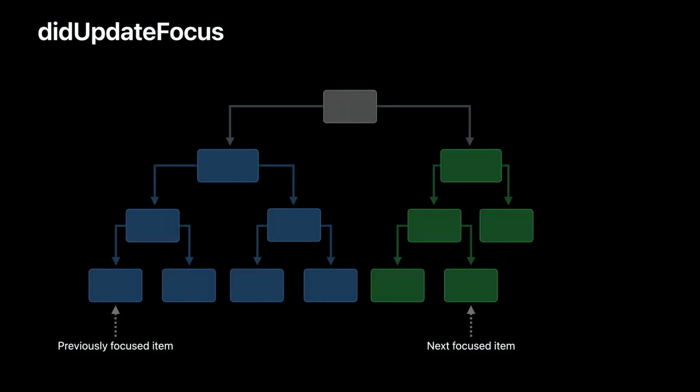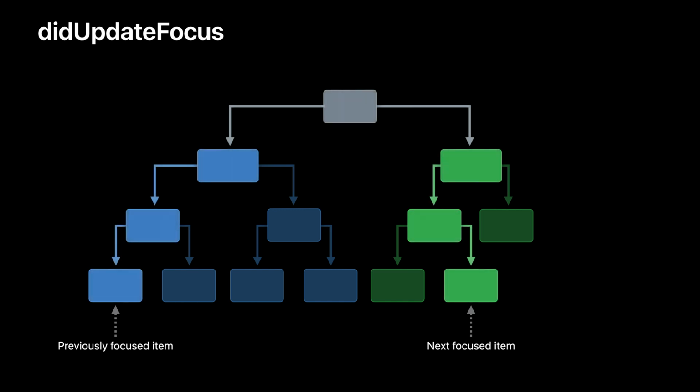This is because all ancestor environments of the previously focused item, as well as the next focused item, receive a call to did update focus in context. So every super view and view controller will get this call. This allows for very flexible implementations where a parent can react to focus changes of a child.